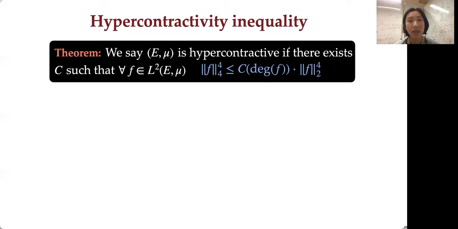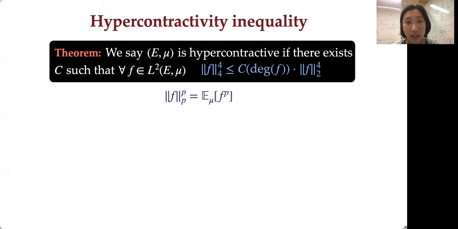Then we say that the space (E, mu) is hypercontractive if there exists some increasing function C, such that for every function f with bounded L2 norm defined on this probability space, the fourth moment of the function f is upper bounded by the function C applied to the degree of f times the second moment of f squared.